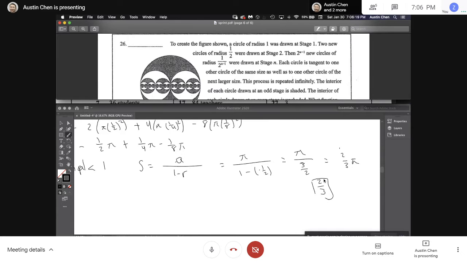Yeah. And so now you're basically left with one big circle and then one small circle that's 1/4 the original size. One big circle, and then one small circle that's 1/4 the size, right?